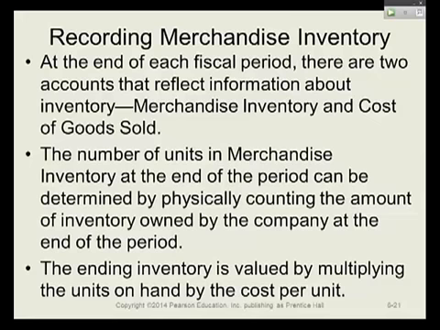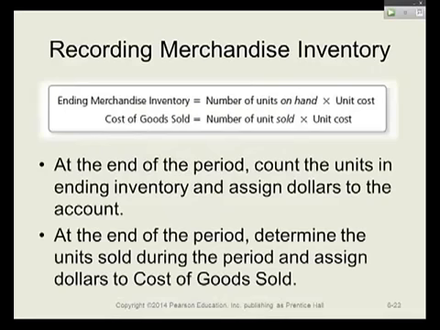Okay. Now, when we take a look, and let me bring this back up on the screen for you. So if you look at the calculation, we're going to now be looking at unit cost and the number of units on hand and the number of units sold and the cost of goods sold.